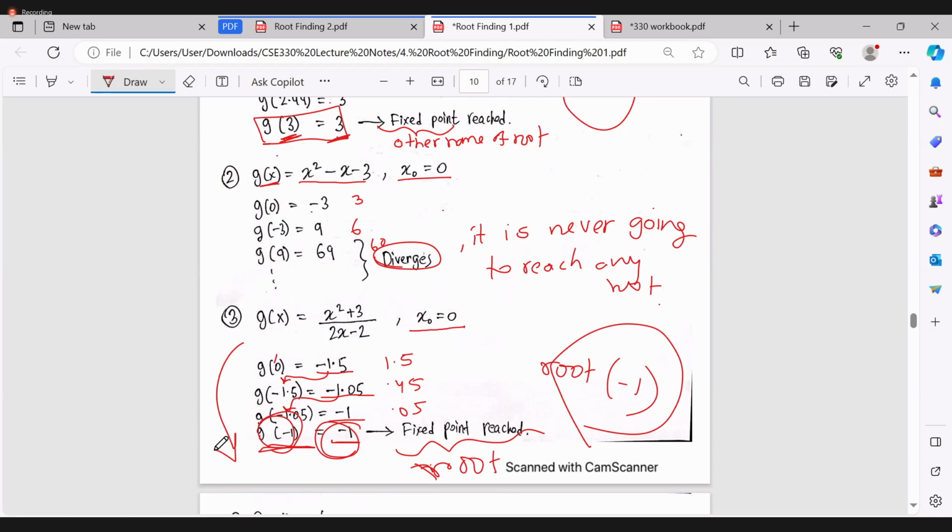So what does it mean? That means it is super linear convergent, and we will prove that mathematically as well. Since it is superlinearly converging, it is reaching the root really, really quick.